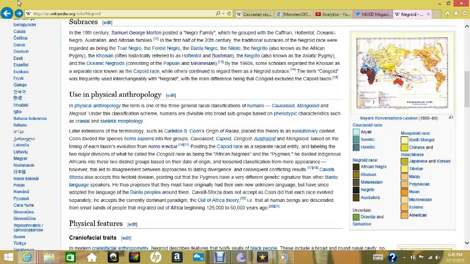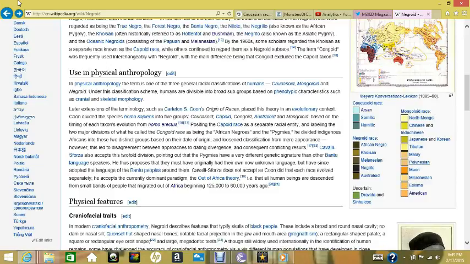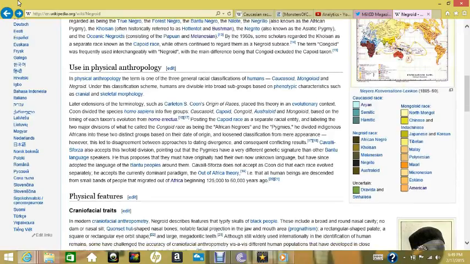In the first half of the 20th century, the sub races of the Negro race are the true Negro, the forest Negro, the Bantu Negro, the Nilotic, the Negrillo, as also the African Pygmy. For those who don't know about these people, they're Bushman people.